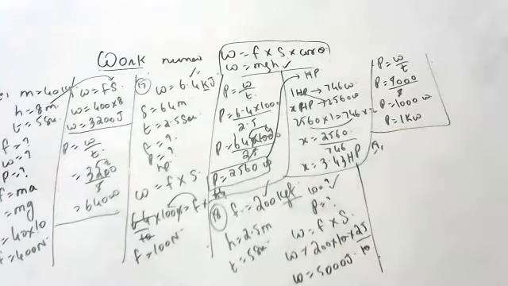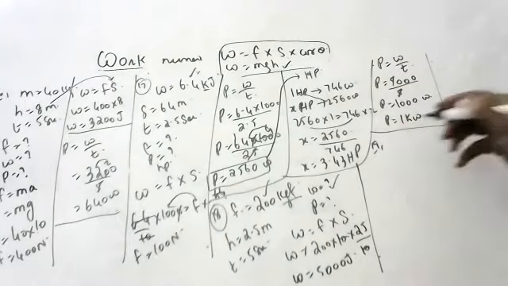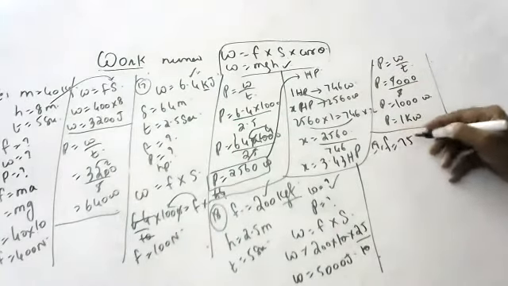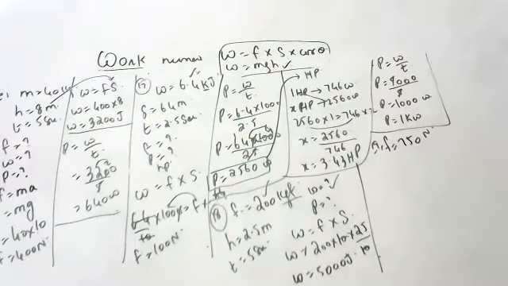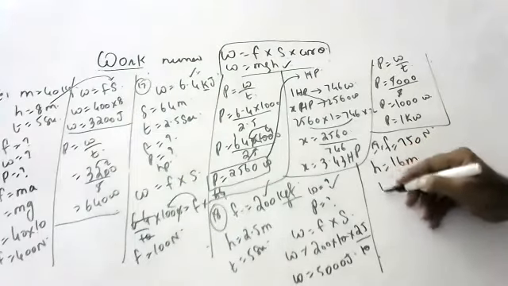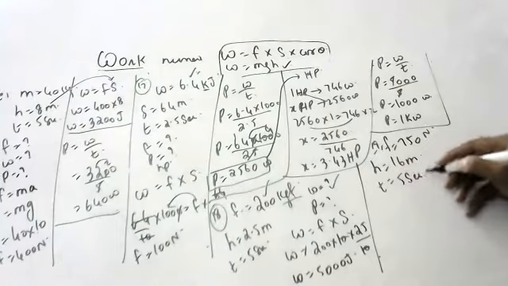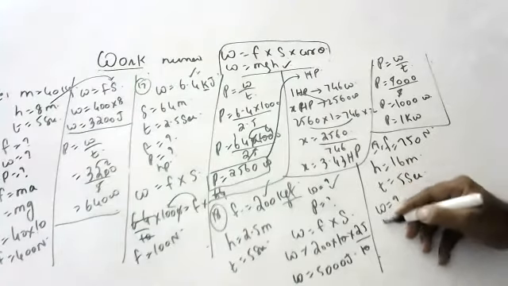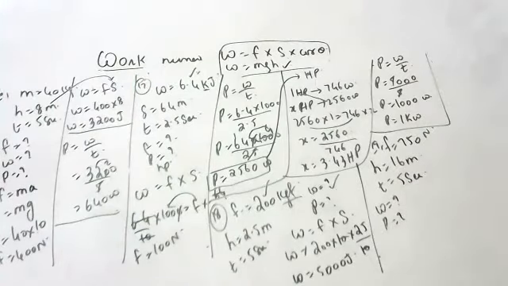Mute your audio. Next question. A machine raises a load of 750 Newton through a height of 16 meters in 5 seconds. Calculate the work, calculate the power. Vivek, can you tell?